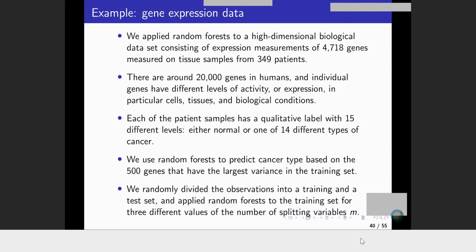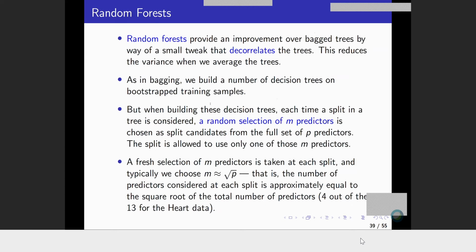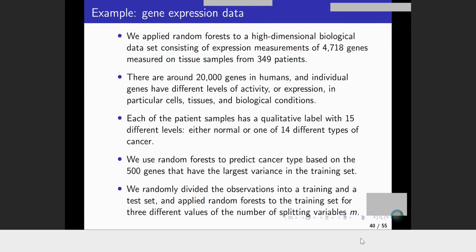And then we can take a look at this result. This is an example, a gene expression data set. We will apply the random forest to this high-dimensional biological data set. It consists of expression measurements of around 5,000 genes measured on tissue samples from 349 patients.